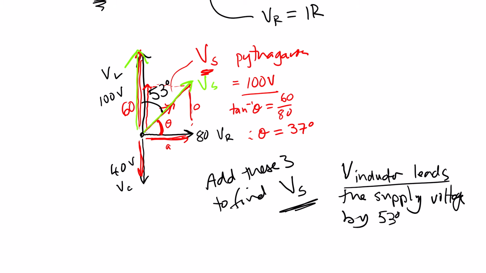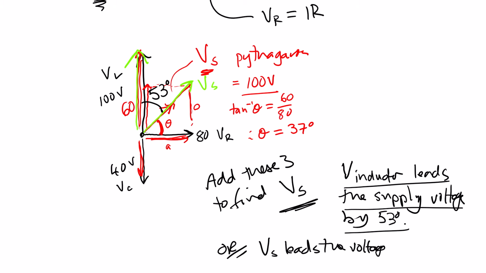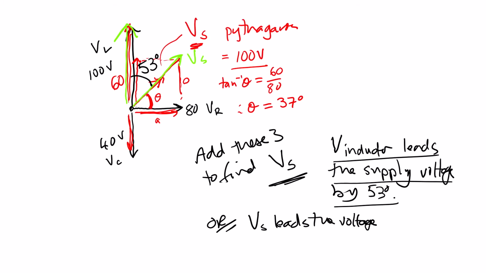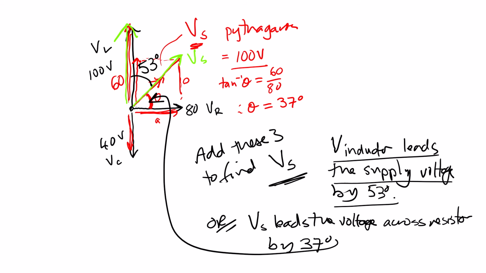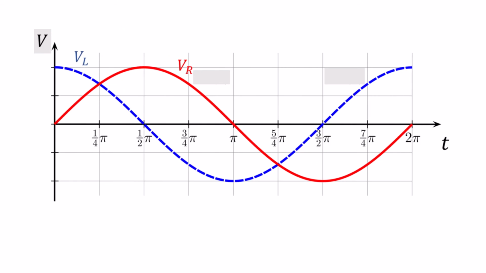Voltage across the inductor leads the supply voltage by 53 degrees, or we could say the supply voltage leads the voltage across the resistor by 37 degrees. That's this angle here. It comes back to this again. Here in red is the voltage across the resistor, and that's in phase with the current.